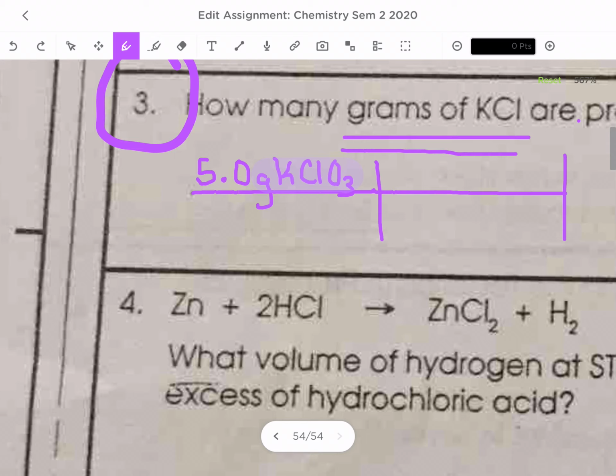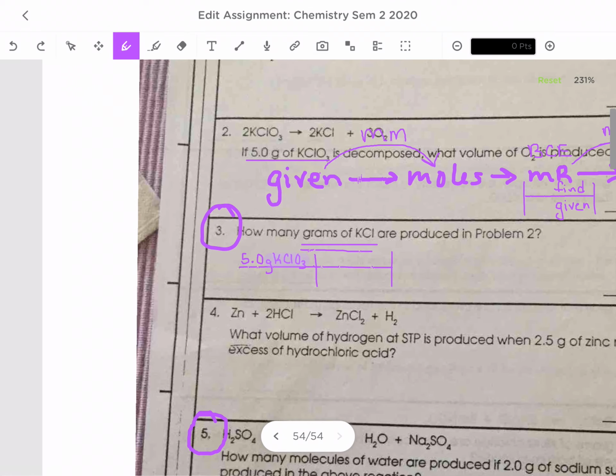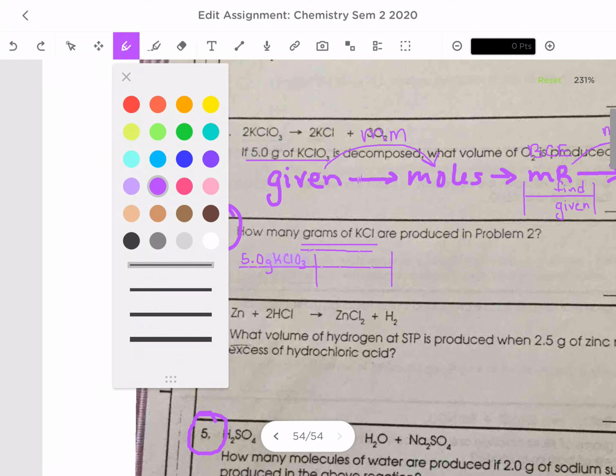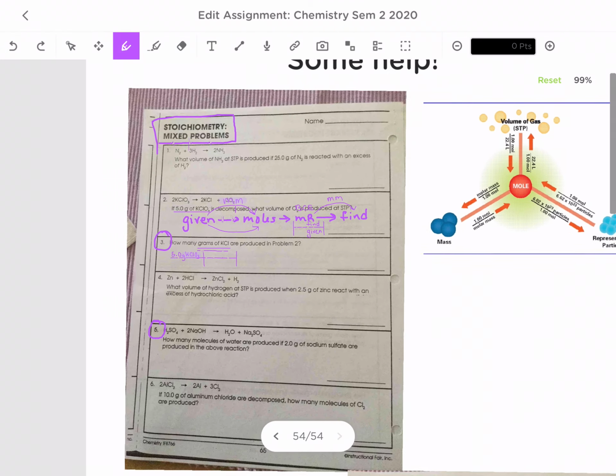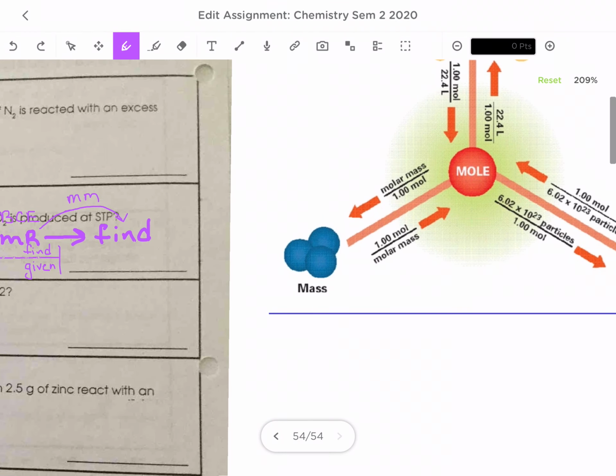Okay, so we're going to go from grams, and that is our given. And we are going to then convert to moles, and it says to use the mole map. So we're going to go over here and take a look at our mole map. We are in grams, and we're converting to moles.